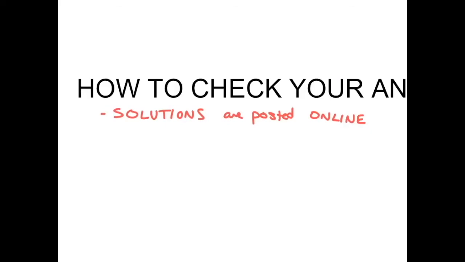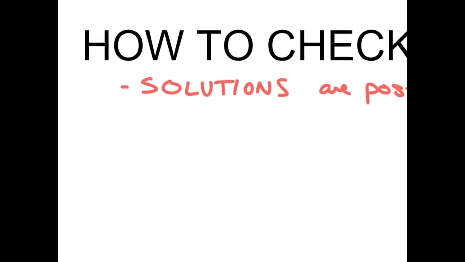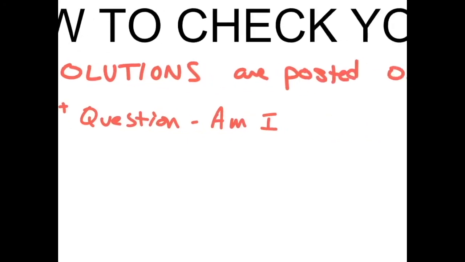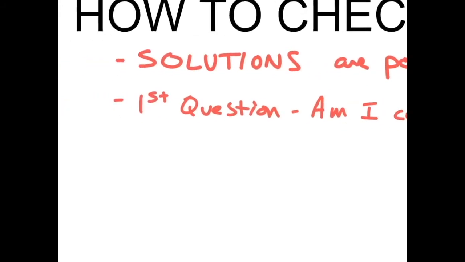When you're doing your homework, the first question that you want to ask yourself when you're checking your work is, am I correct? And then the second question is, is my work correct?